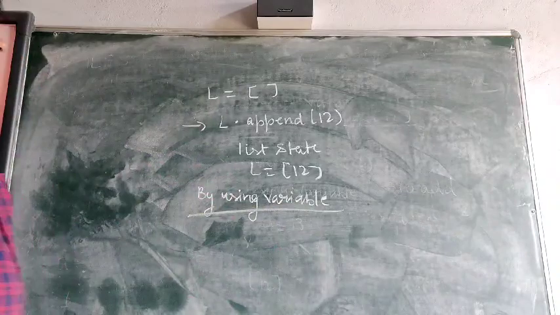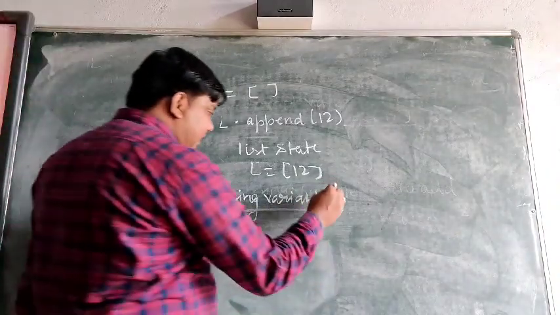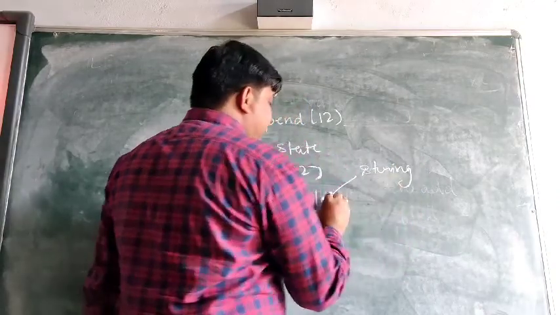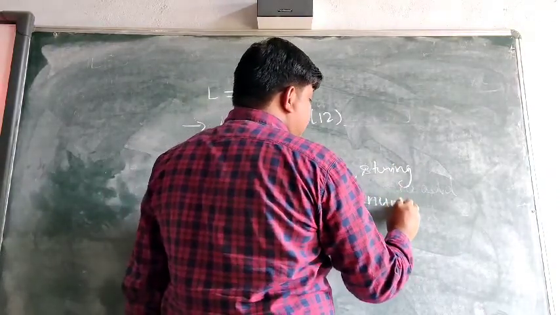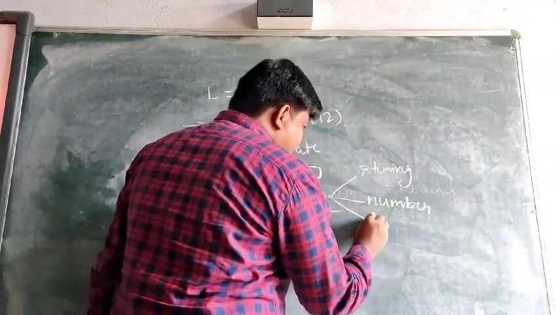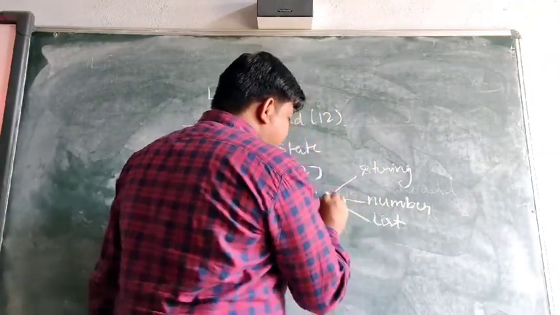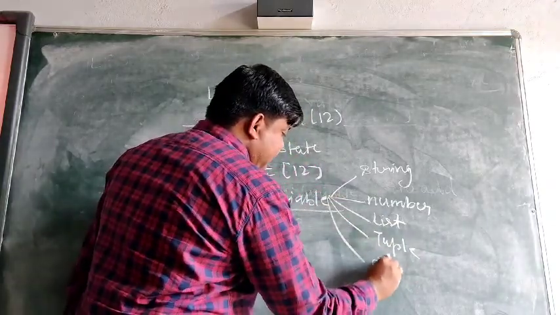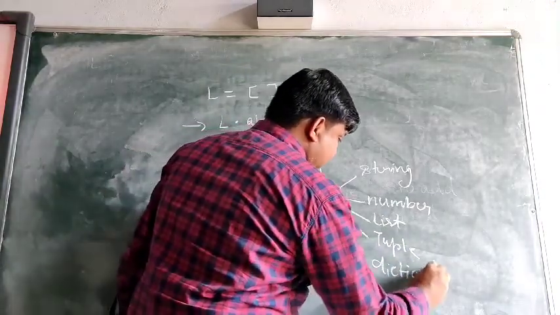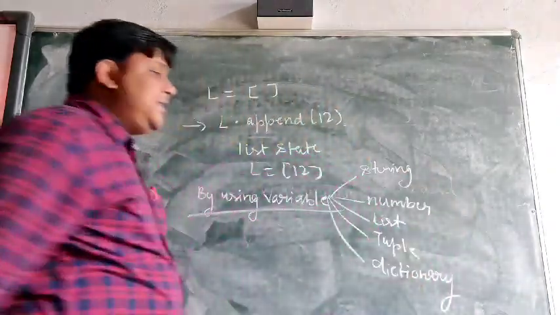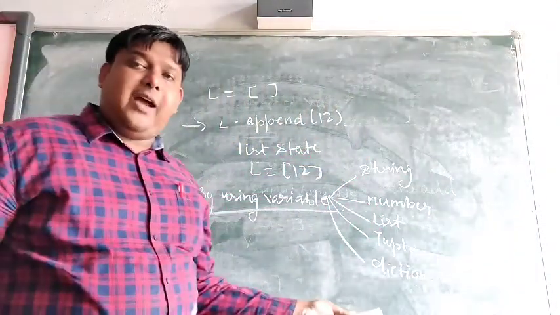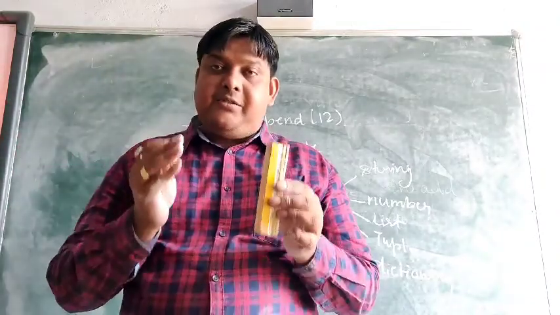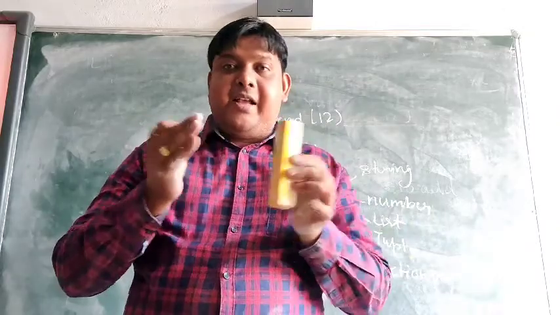Now by using variables, if we are talking about the variables, they can be of string type, number type, list type, tuple type, or dictionary type. All these types of variable values you can add, but the append function adds the value in the same nature as they are.